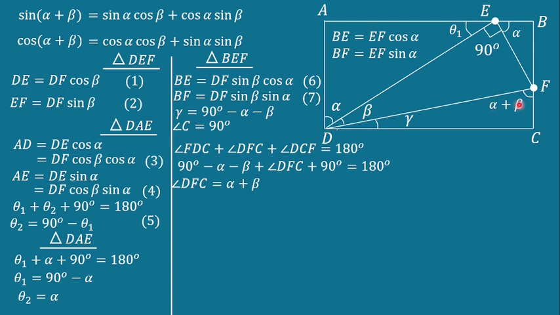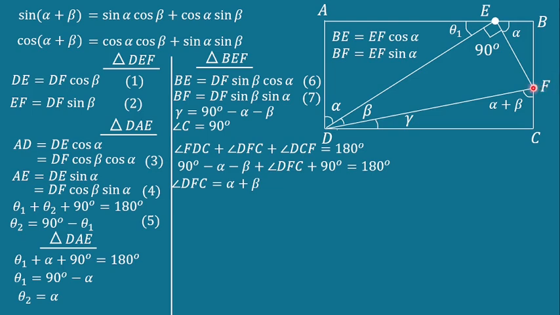Now from triangle DCF, I can construct two other relations, and since this is 90 degrees and I use this as the base angle, this side FC is the base and DC is the perpendicular of this triangle with DF as the hypotenuse.